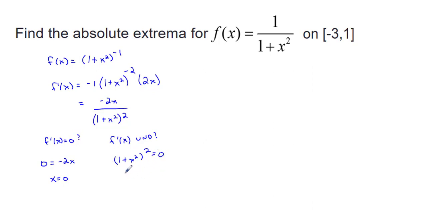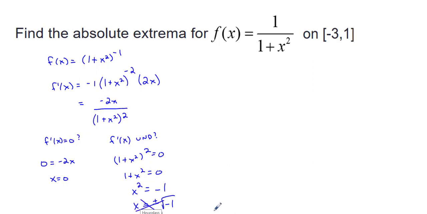So 1 plus x squared equals 0. Subtract 1, x squared equals negative 1. And do we have a problem, Houston? So is there a time at which this derivative is undefined? No. So got nothing here.